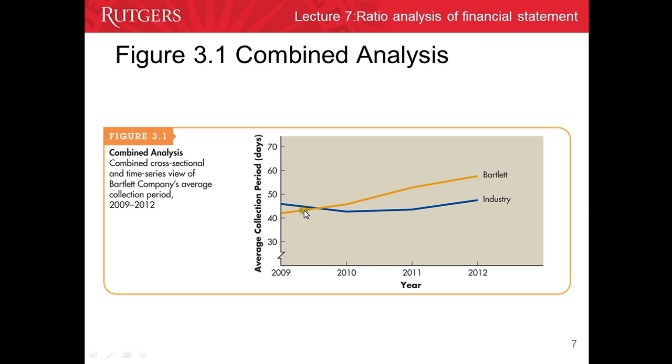We can see that this orange line is the ratio of Bartlett, and this blue line is the ratio of the industry average. So this is a cross-sectional analysis. When we combine the cross-sectional and time series analysis to create this combined view, it gives the analysts more information.